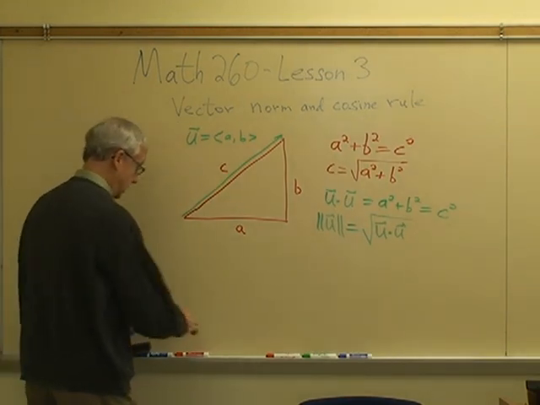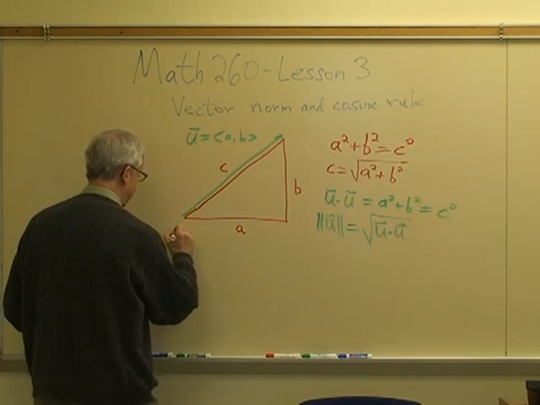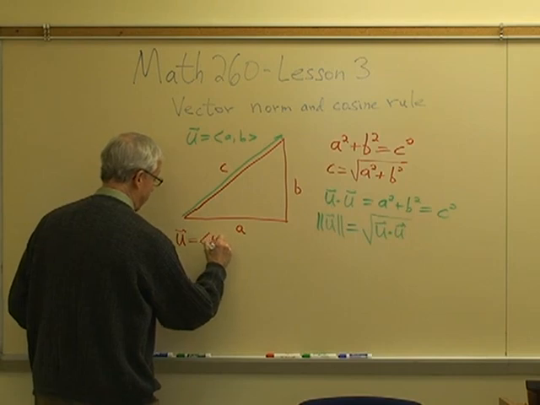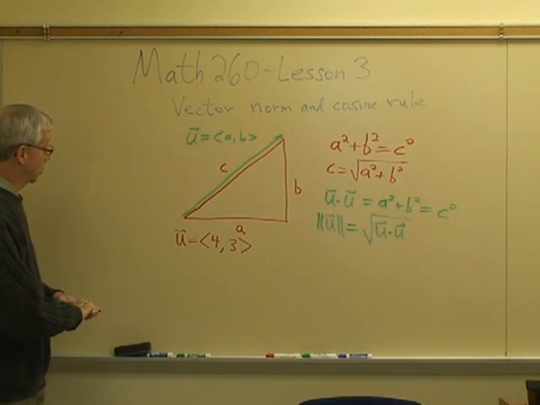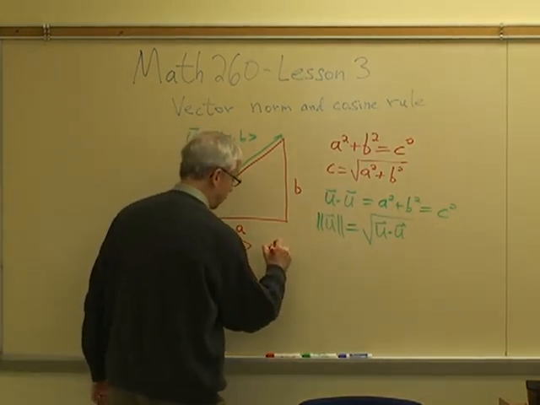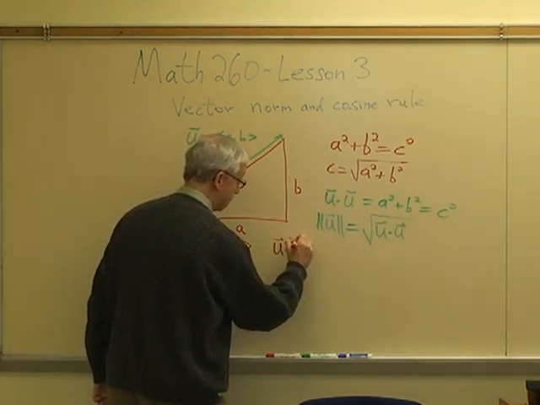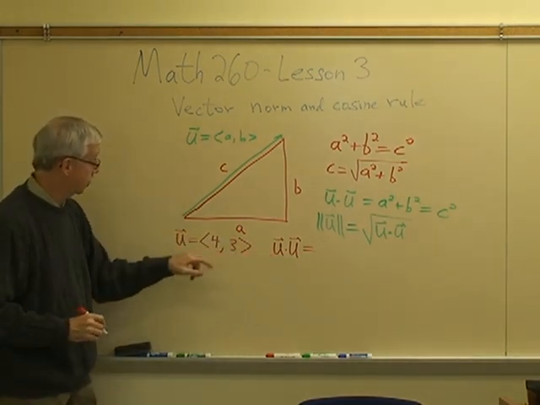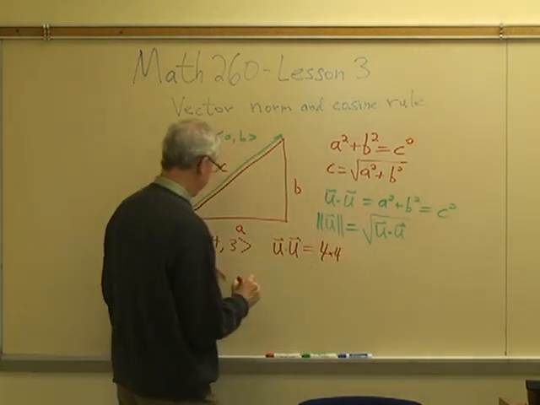Suppose my vector U, a real easy example to start, is the vector with elements 4, 3. The x coordinate is 4, the y coordinate is 3. And if I compute U dot U, what's it equal to? Well, it's 4 times 4, because I have two copies of U, plus 3 times 3.